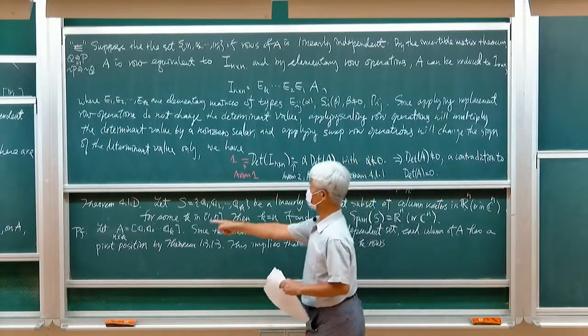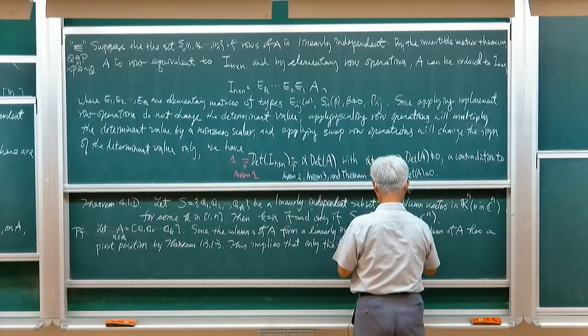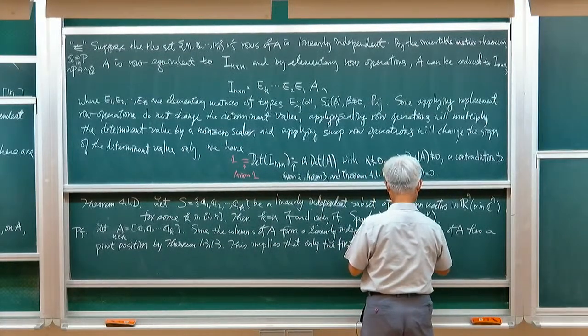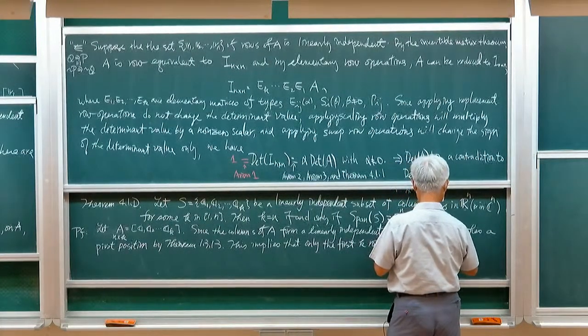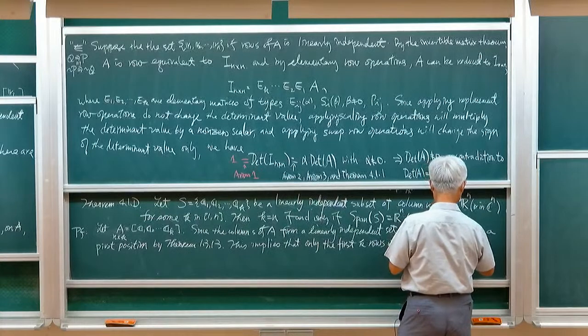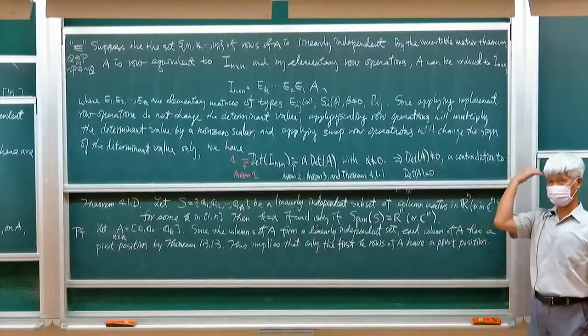We have n rows, right? But only the first k rows of A have a pivot position.